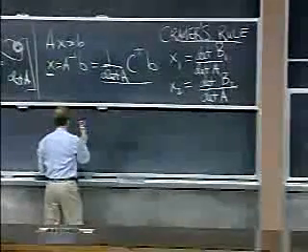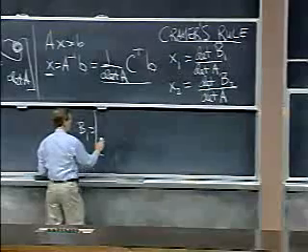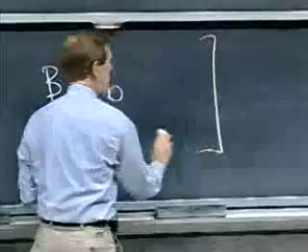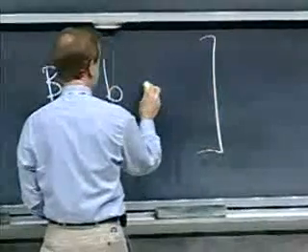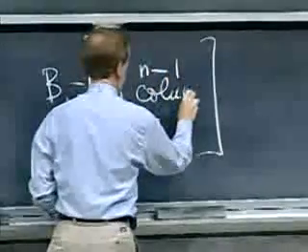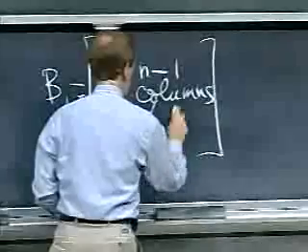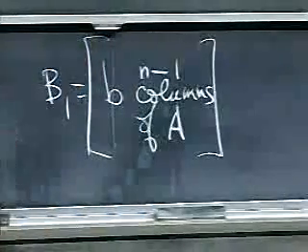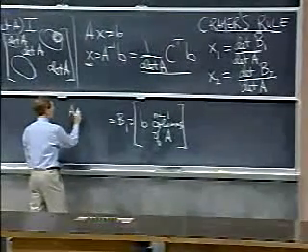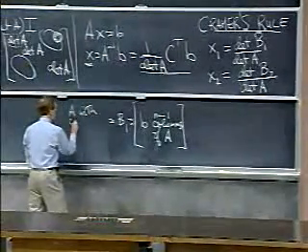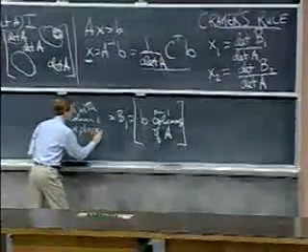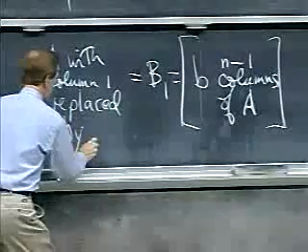This B1 is the matrix that has B in its first column, and otherwise the rest of it is A. So otherwise it has the n minus 1 columns of A. It's just the matrix A with column 1 replaced by the right-hand side, B.